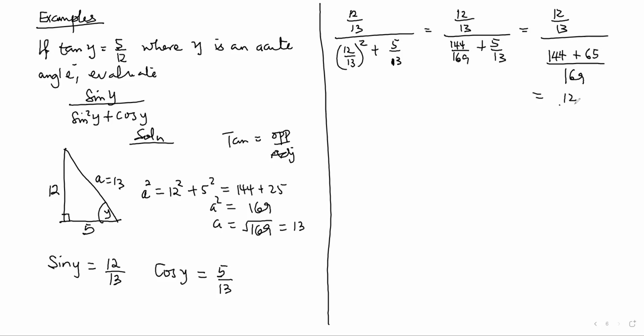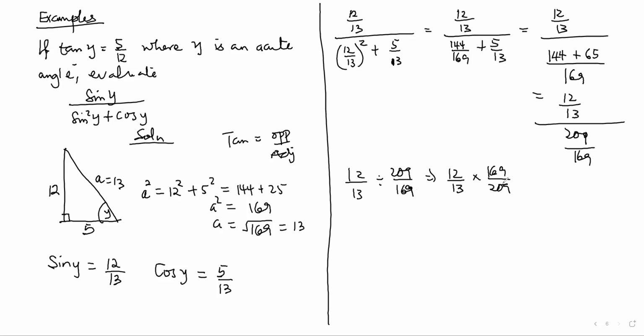So we have 12 over 13 all over 144 plus 65, which will give you 209 over 169. So this is the same as 12 on 13 divided by 209 on 169, which is the same as 12 on 13 times 169 over 209.